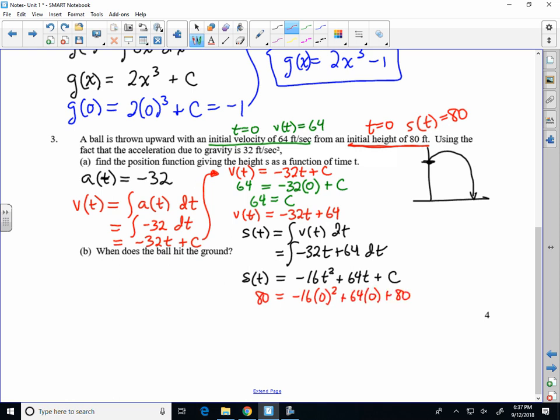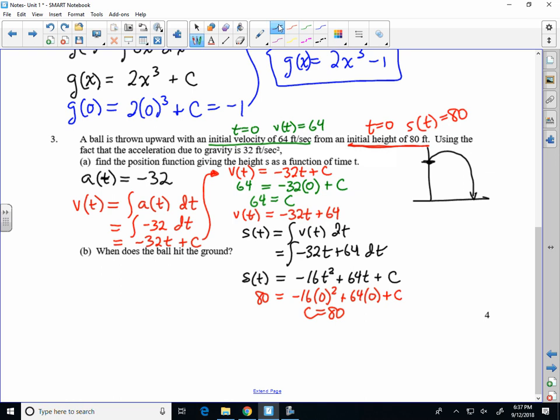And again, that's assuming you don't see that it's immediately 80 just by looking at it. Plus c, sorry. So c is equal to 80.